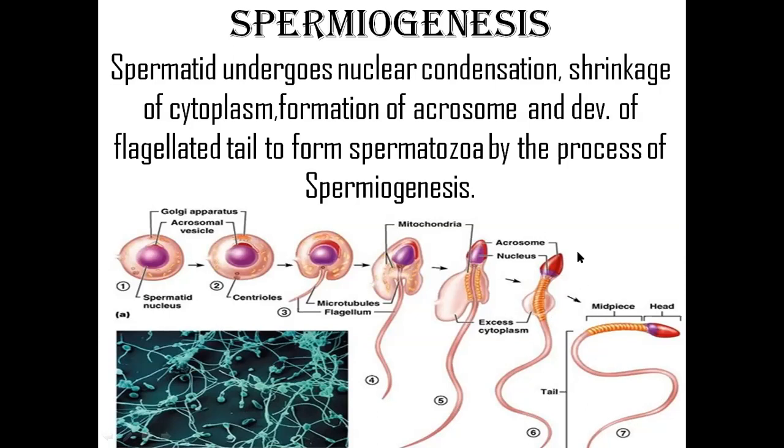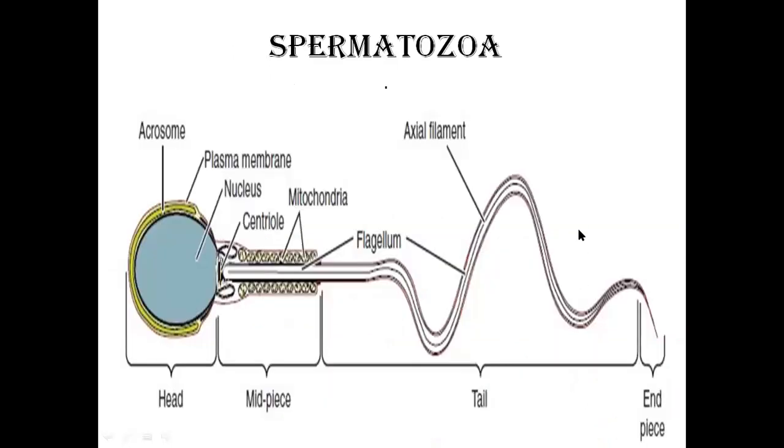So finally, we get the adult sperm, which is a very long one, about 55 to 65 micrometers long, with its 3 portions, that is, the head region, the middle piece, and the tail region.